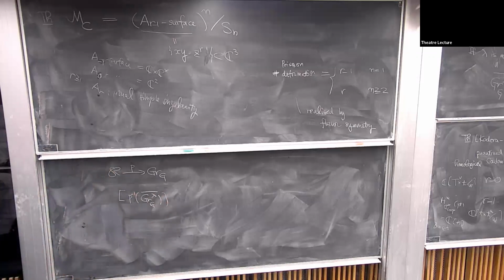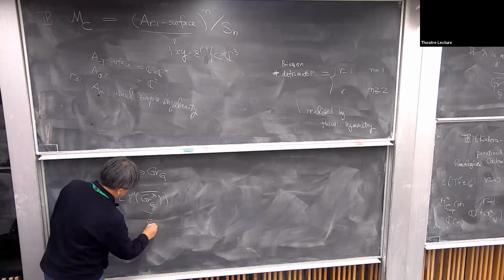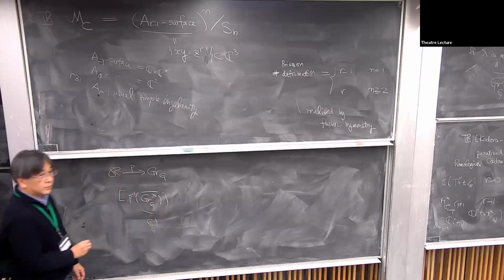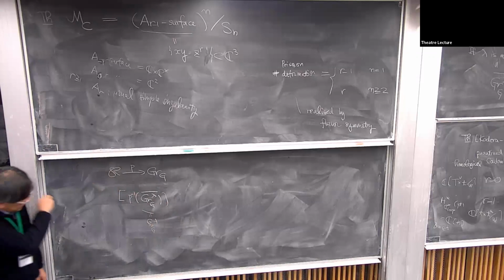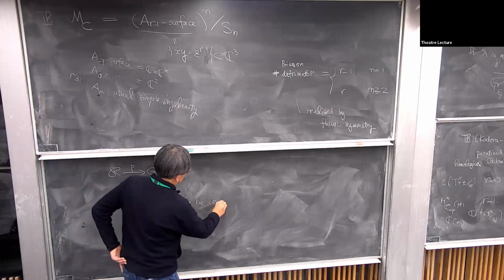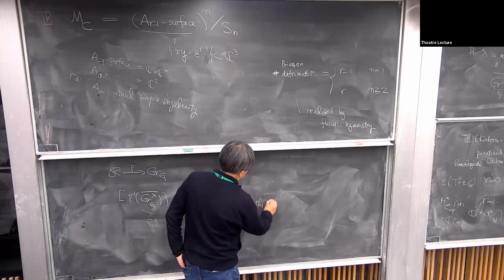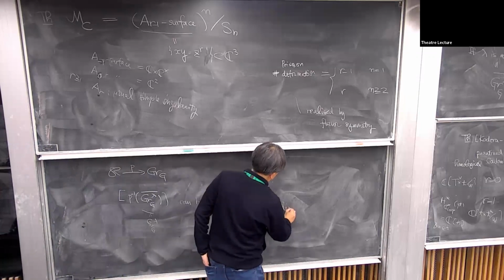In general, this is difficult to understand, but if this is a closed orbit, then this can be computed by the localization, or for the equivariant case, equivariant modules.